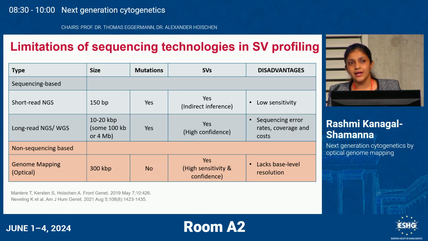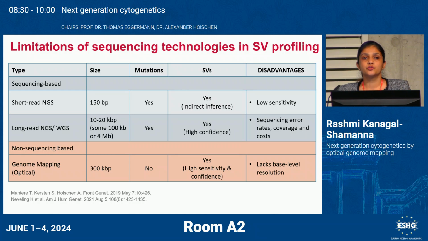We are aware that there are other technologies that can be used for detection of structure variants, primarily the sequencing-based ones. OGM is the non-sequencing-based one. There are some inherent limitations to using sequencing-based techniques, as I mentioned before, primarily because of the repetitive sequences. In addition, these sequencing-based techniques are also able to identify mutations, but because OGM uses ultra-long molecules, it cannot go down to the single base pair level.